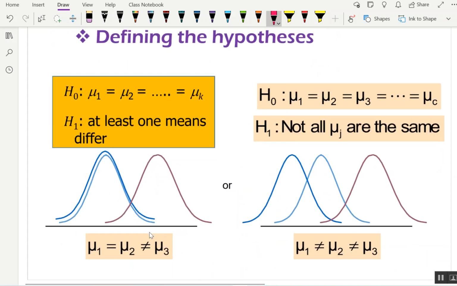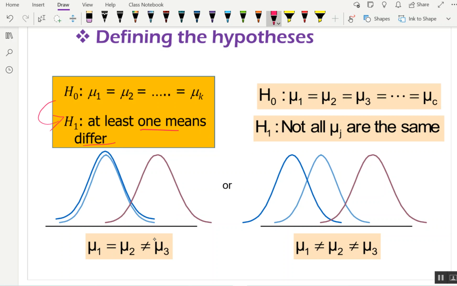In this part, your null hypothesis is always an equality, and what we are going to test is whether there are any differences between these population means. So it can be stated as at least one of these means is different. It also applies to the objective of this ANOVA. Or it can mean that we want to test whether all the population means are the same or not.